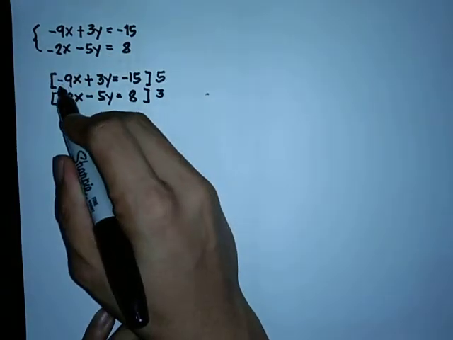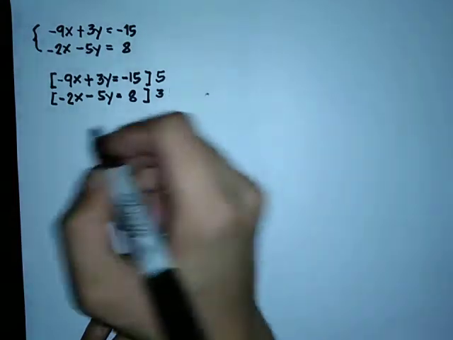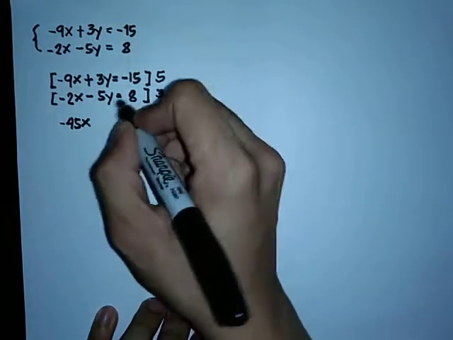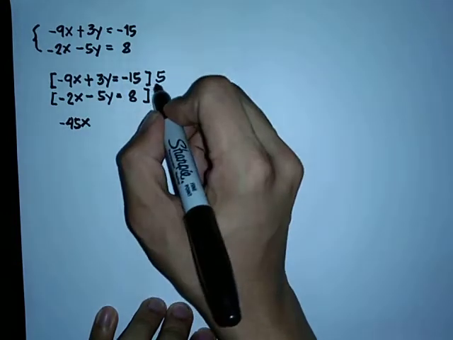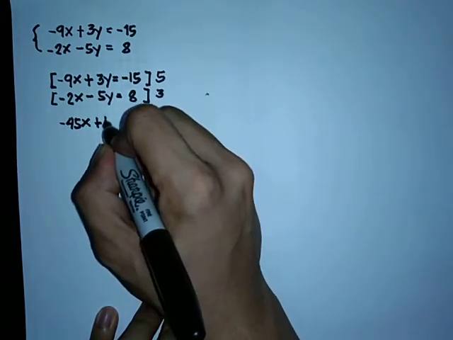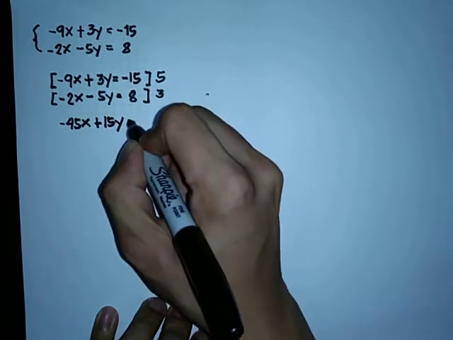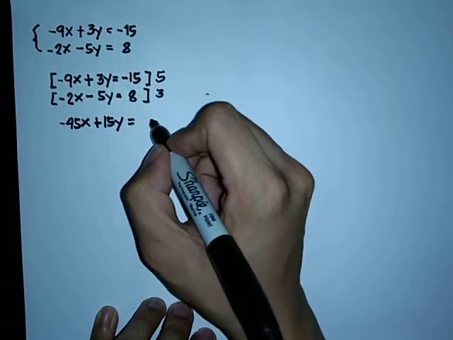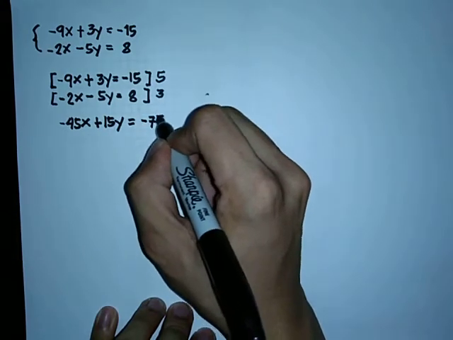So we have negative 9 times 5, that is equal to negative 45x, and then 3y times 5, we have positive 15y, and then we have negative 15 times 5, that is equal to negative 75.